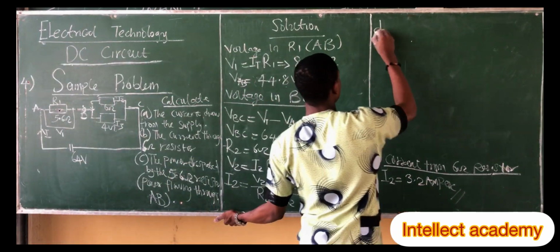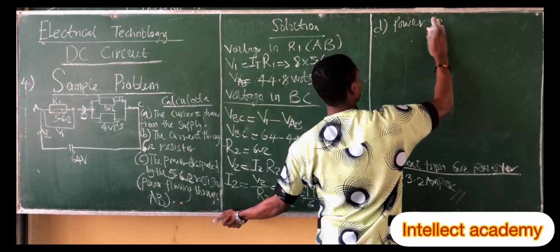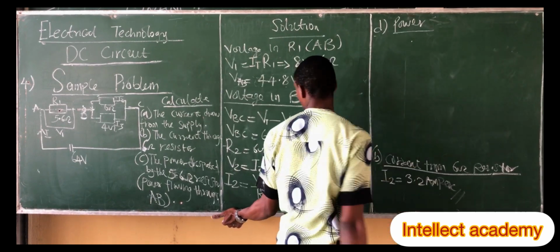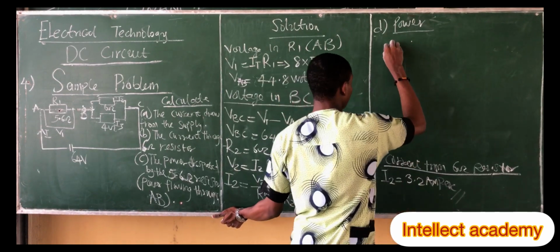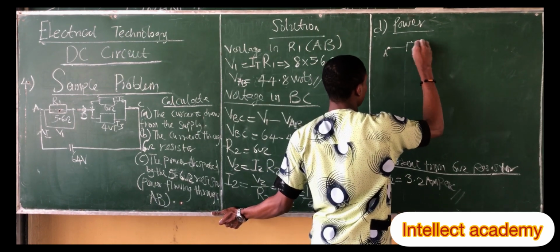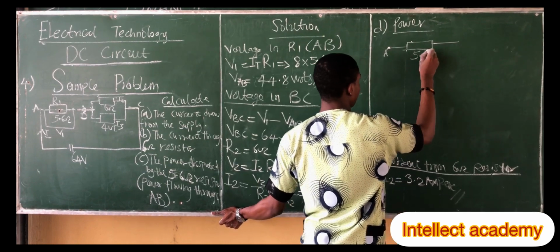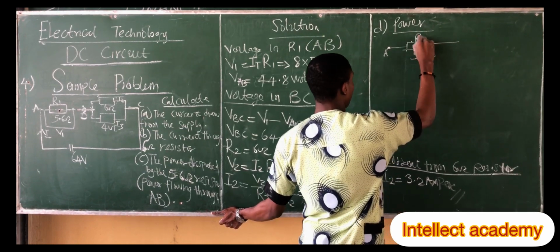So we're looking at the power. We have a diagram which is point A. So this is point A flowing through a resistor. We have 5.6 ohms, and this is R1.